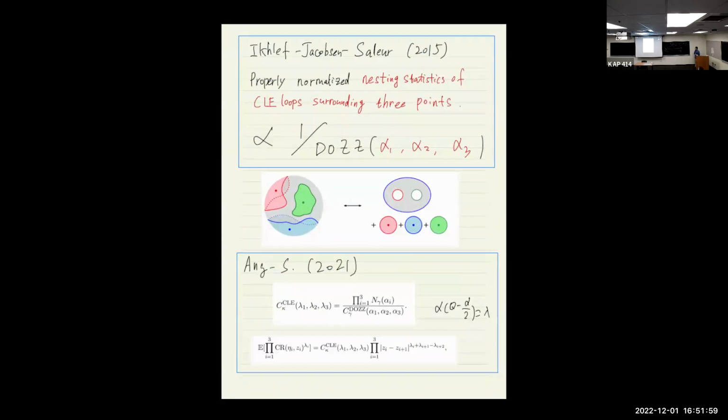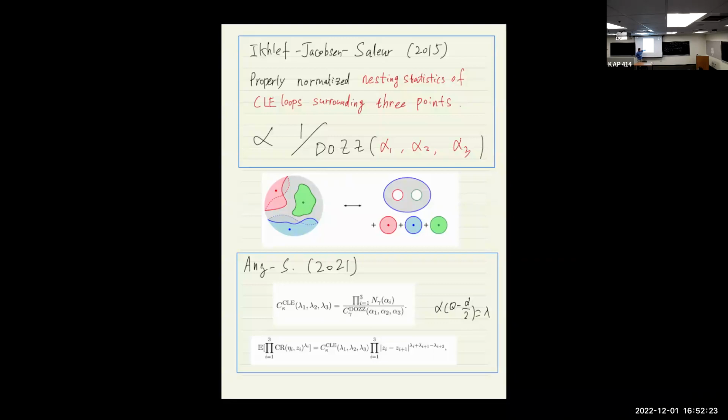imaginary DOZZ formula. So what they conjecture is that if I consider this so-called conformal loop ensemble, which is a scaling limit of these lattice models, then I can consider a certain quantity of this conformal loop ensemble, which models how you count the number of loops surrounding these different points.